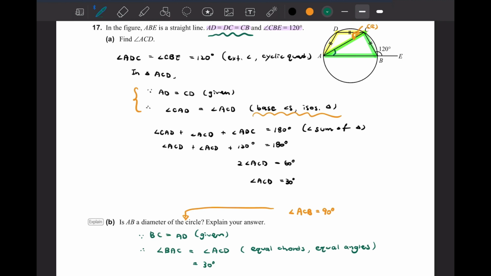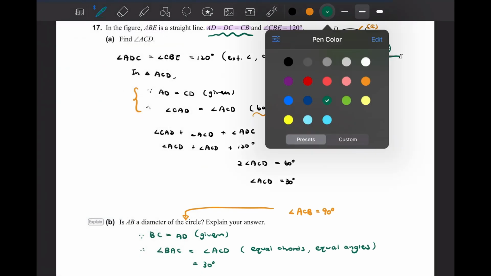So once we got this angle here, what is the use of it? So write down, you got 30 here, and you want to know whether this is 90, isn't it? And look at here. You got this angle. This is also an exterior angle of the triangle ABC. So let's write down.